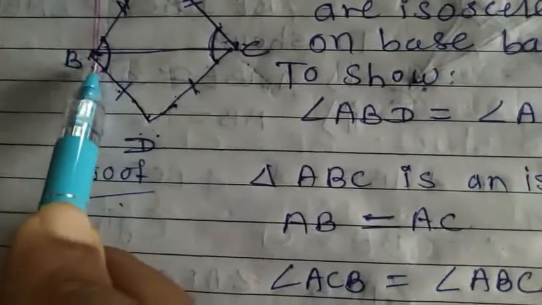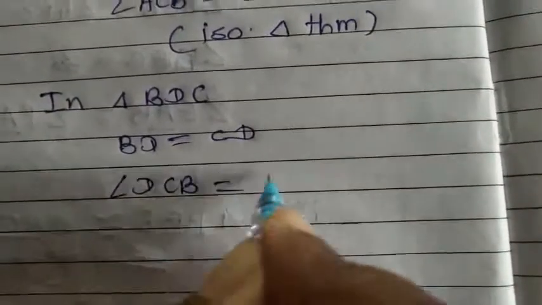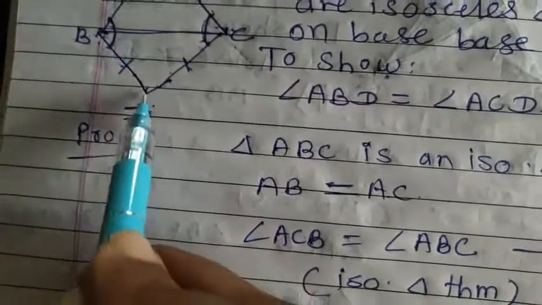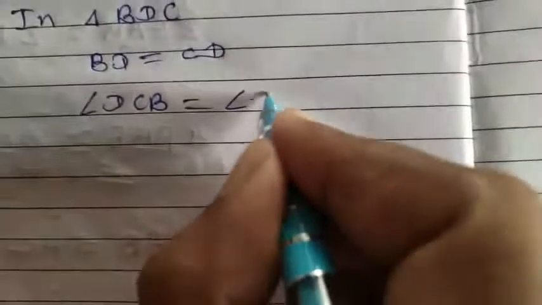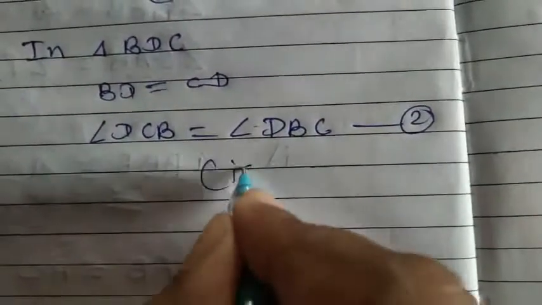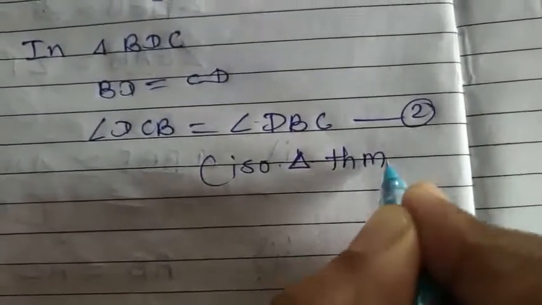The opposite angle of BD is this angle C, which is DCB. Angle DCB is equal to the opposite angle of this side, which is angle DBC. Angle DBC, equation number 2, and the same criteria is here, isosceles triangle theorem.